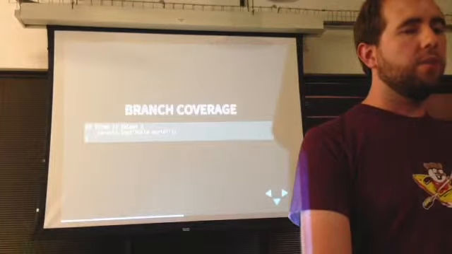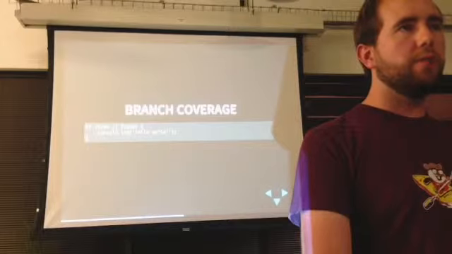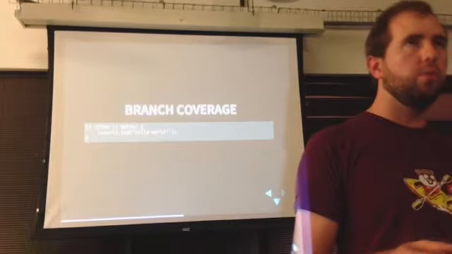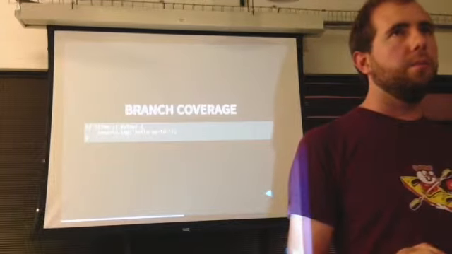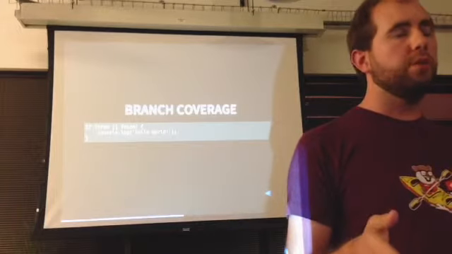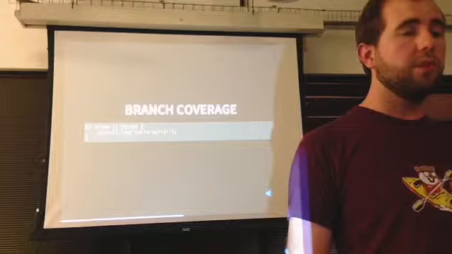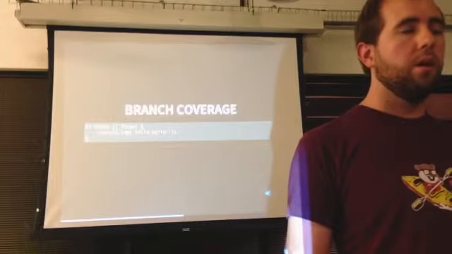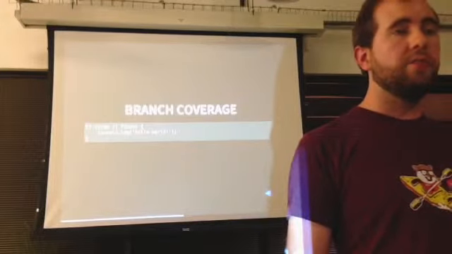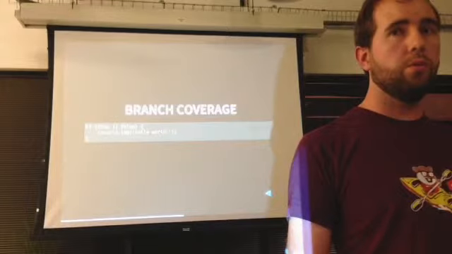Any guesses about what the branch coverage might look like for this? So what a branch means is it's a part of your code that can be reached but may not always be reached. So for example, this if statement, you might enter this if statement, you might not. Inside that if statement conditional, you see true.